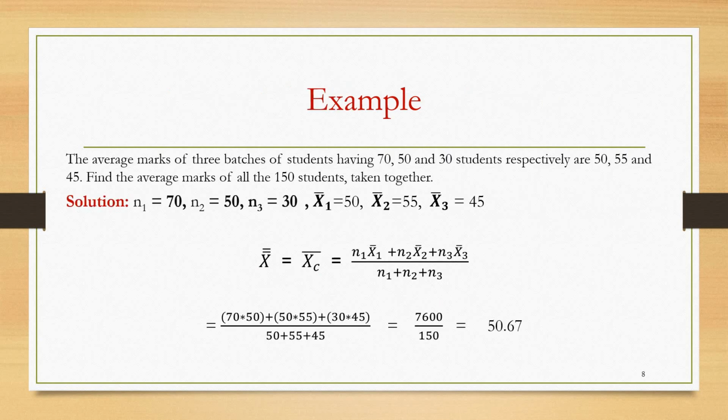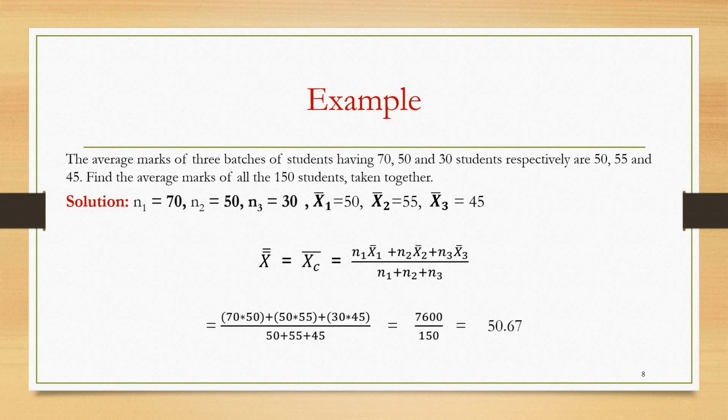For example, the average marks of 3 batches of students having 70, 50 and 30 students respectively are 50, 55 and 45. Find the average marks of all the students. Then we have to find average marks of all the students, where we have average marks of 3 different groups.